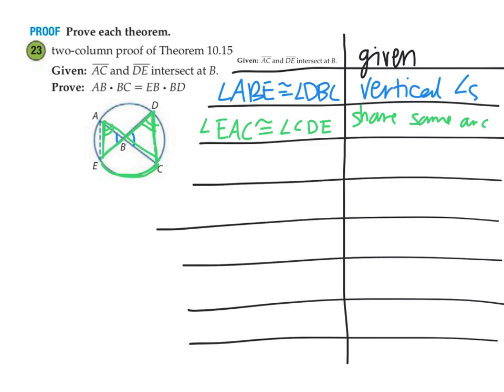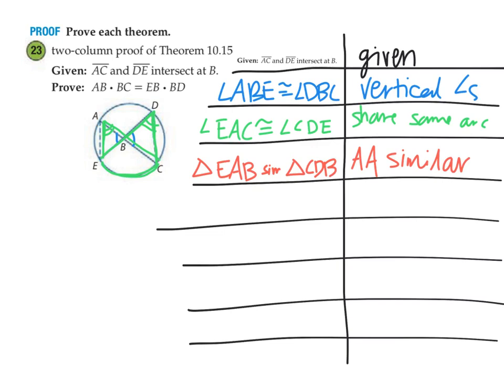All right, so since we already know that two angles are congruent, then we can say by angle-angle similarity that the triangles are similar. So we could say triangle EAB is similar to triangle CDB.